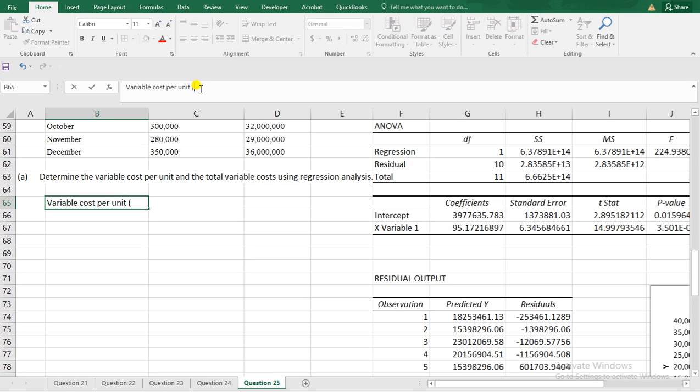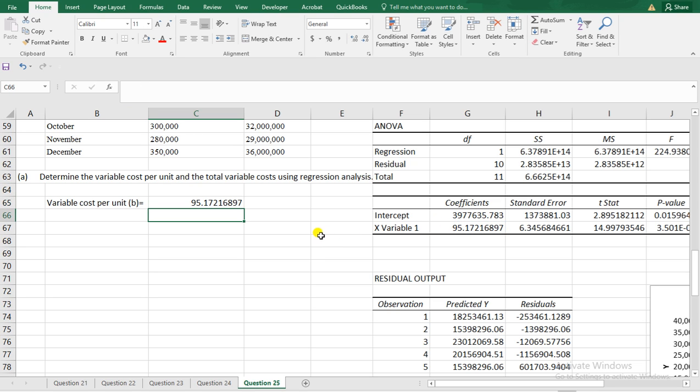So I'll be having B to be what? X variable 1. You see this on here? This is what I'm going to take to be our variable cost per unit, whereas my fixed cost per unit, I should be having it to be our A value, which is our intercept, which is that much, right?